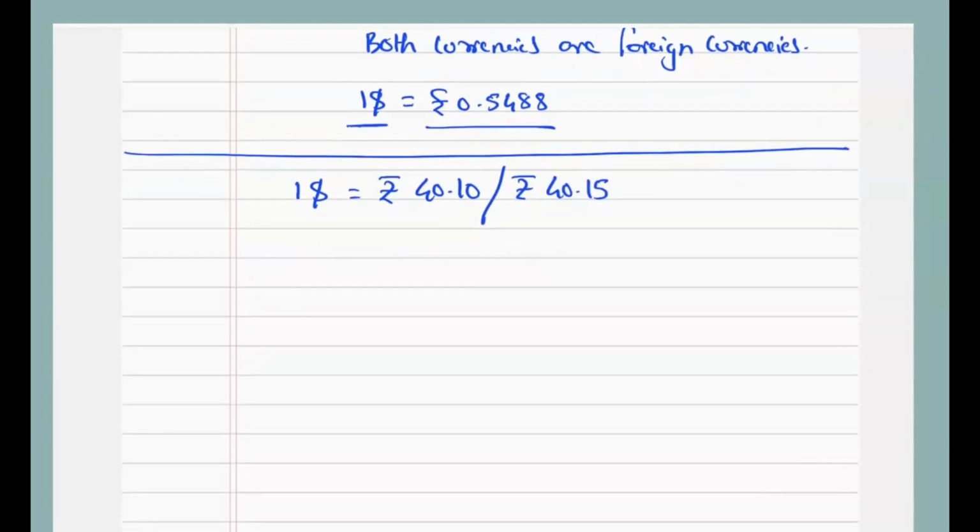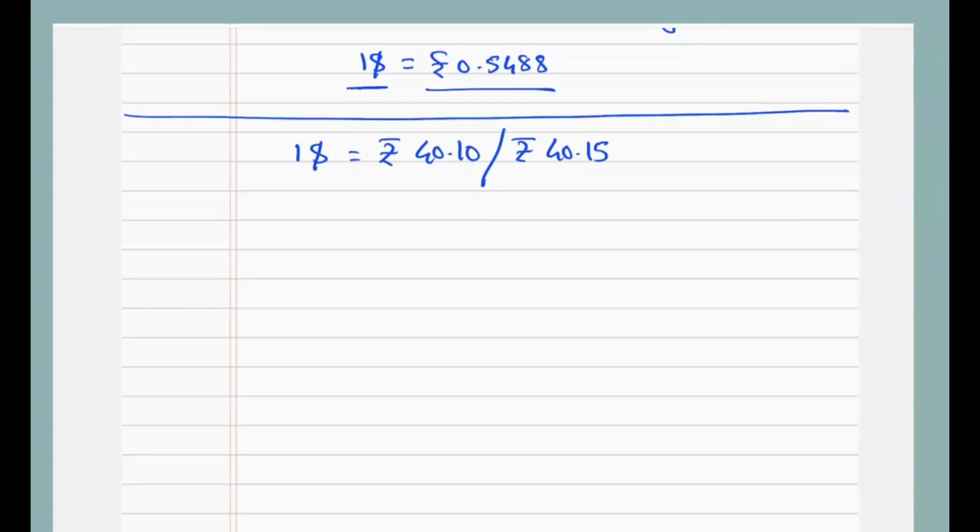How do you interpret it? First, you have to interpret what type of quote it is. In this case, it is a direct quote, because a direct quote means one unit of foreign currency, corresponding unit of home currency. So this is your direct quote.